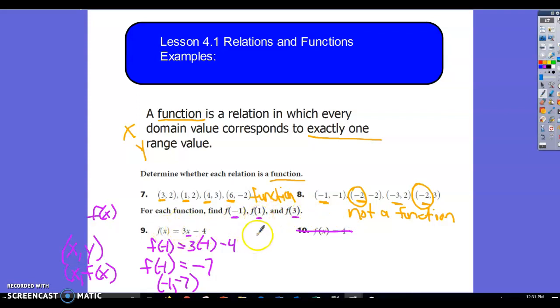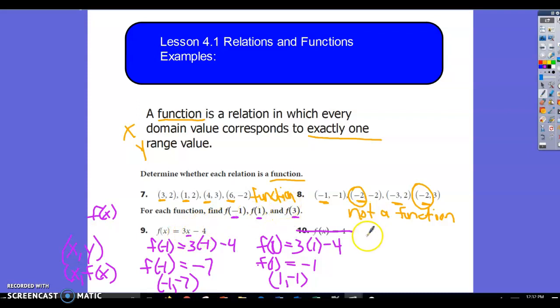So if we look for f of 1, we're going to do the same thing. We're going to substitute 1 in for x: 3 times 1 minus 4. So f of 1 is 3 minus 4. This time it's -1. So we're going to have 1, -1. So this is a point on this function, and this is also a point on this function.